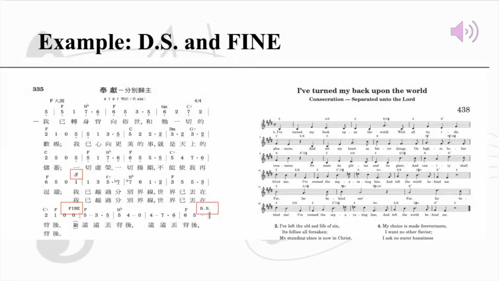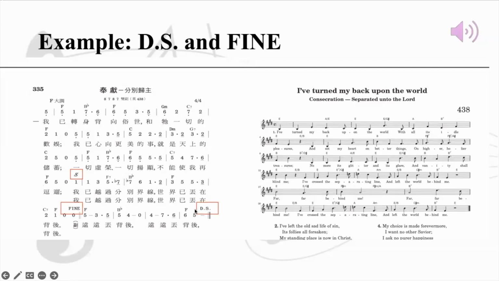Here, we have an example, which in our hymnal we don't have, but in the Chinese one we have. Here, we can see the last line. Here we have so, mi, so, fa. Okay, and then the last part here, we have a DS.